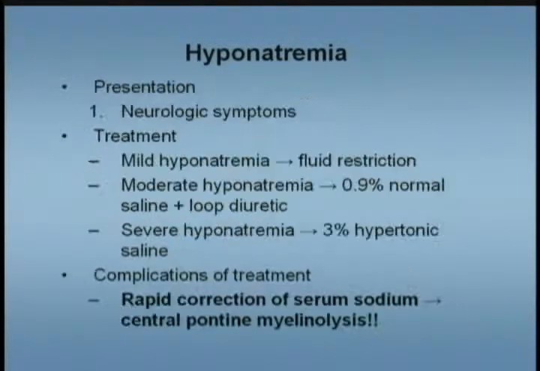Low sodium, low osmolality. Now, the presentation of low sodium and high sodium is all neurological. The symptoms of sodium disorders are all central nervous system, not even peripheral nervous system. A high sodium gives us CNS problems and a low sodium gives us CNS problems.